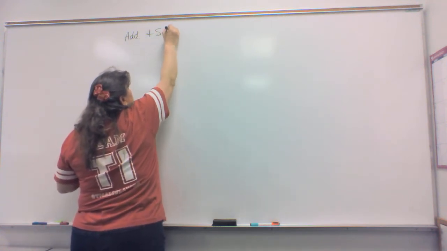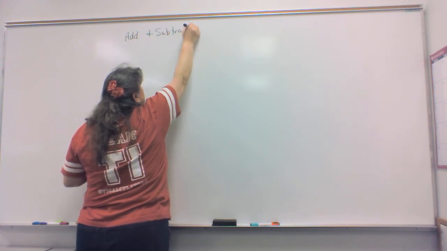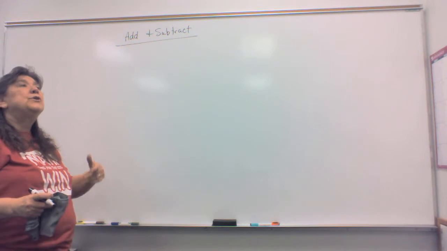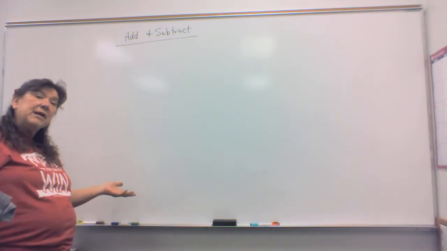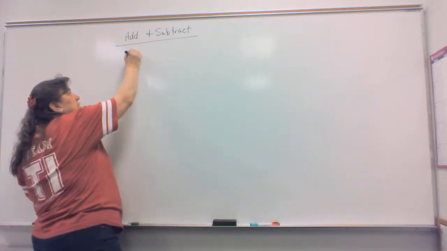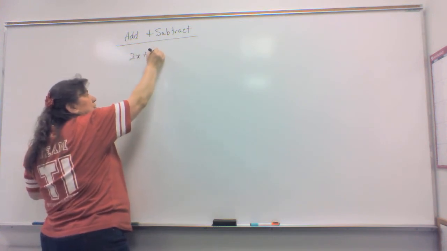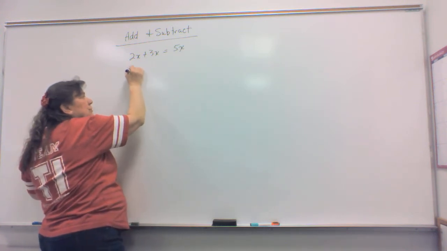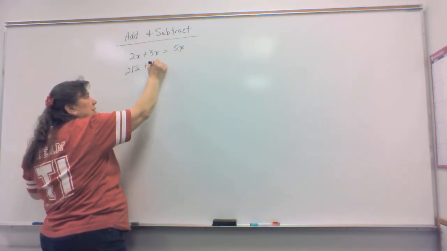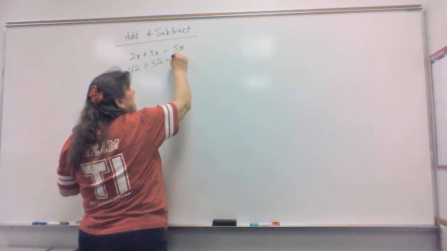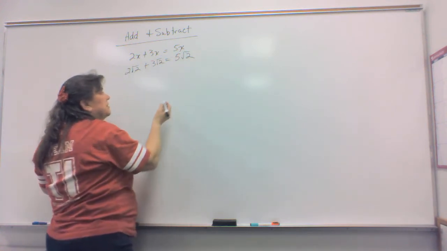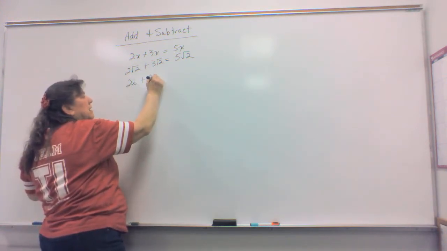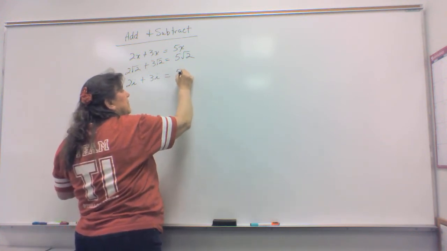And when you add and subtract complex numbers, it is exactly the same principles you have been using when you added 2x plus 3x, because 2x plus 3x are like terms, and you got 5x. Or 2 square root of 2 plus 3 square root of 2, and we got 5 square root of 2. So in the same way, 2i plus 3i is equal to 5i.